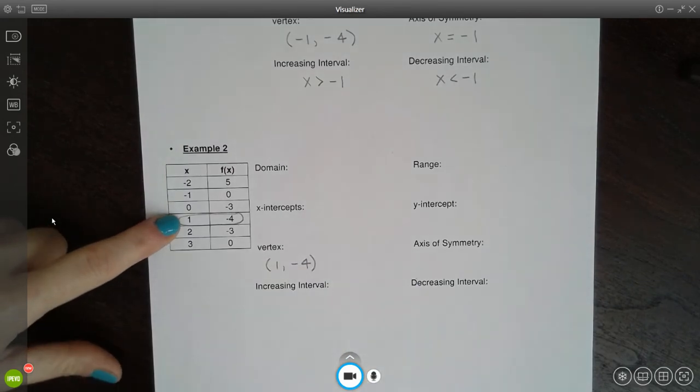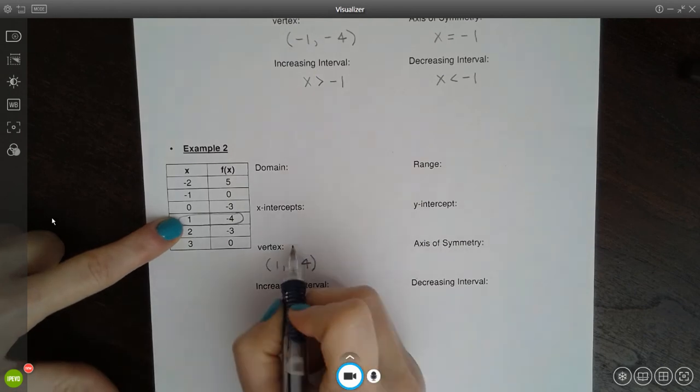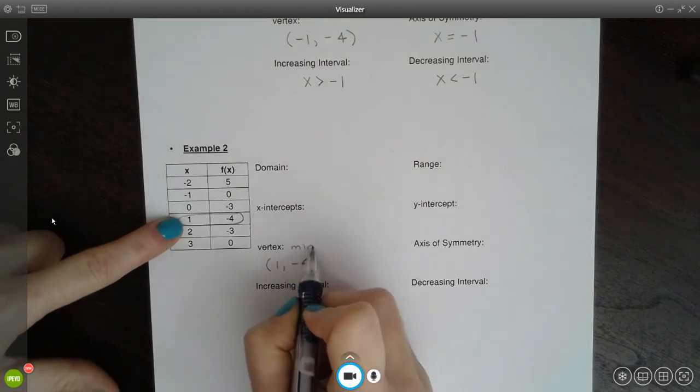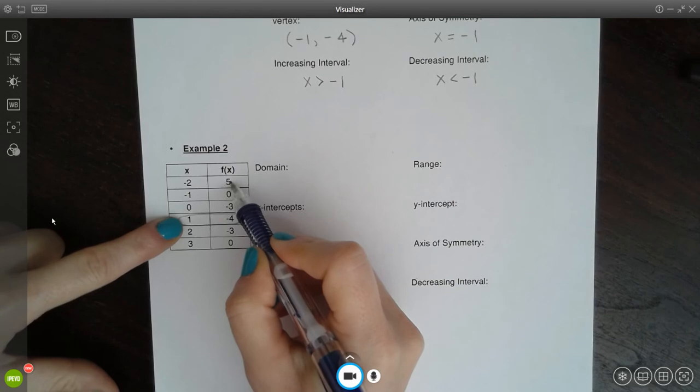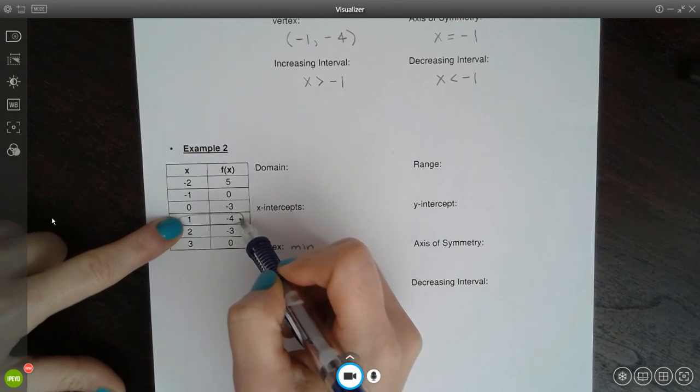So if I were to graph this on a coordinate plane, this would be a minimum, just like on our last example, because these values are higher than -4. So -4 is the lowest value that we ever get to.